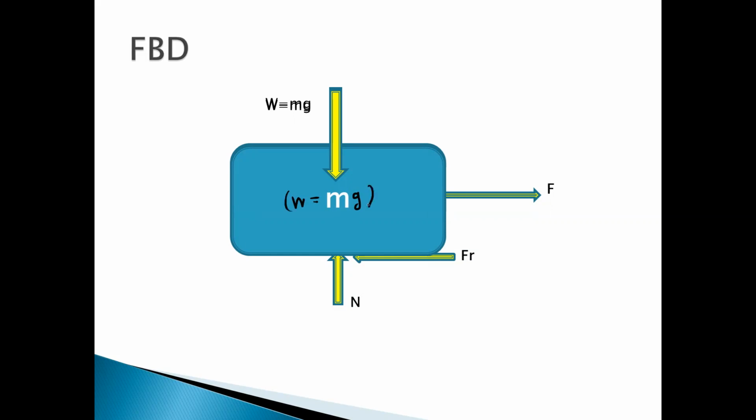Due to this weight force, the surface on which the object is resting, right now just the ground, will offer the reaction exactly in the opposite direction to the weight force. This is the normal reaction, N. And suppose we apply some external force on this object, then there will be frictional resistance, which will try to oppose the motion.